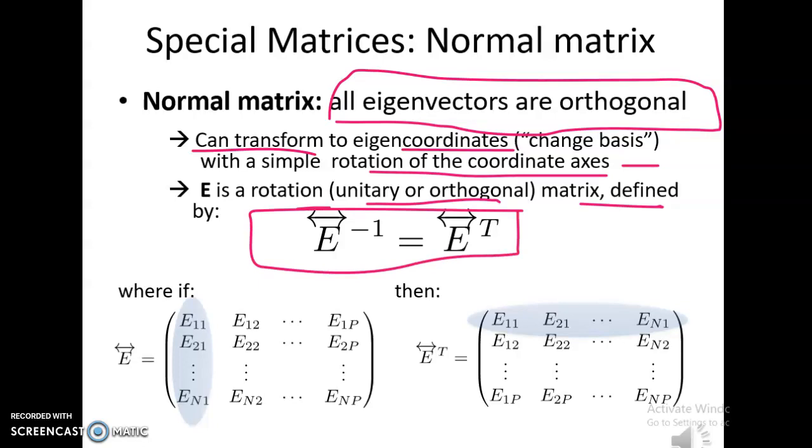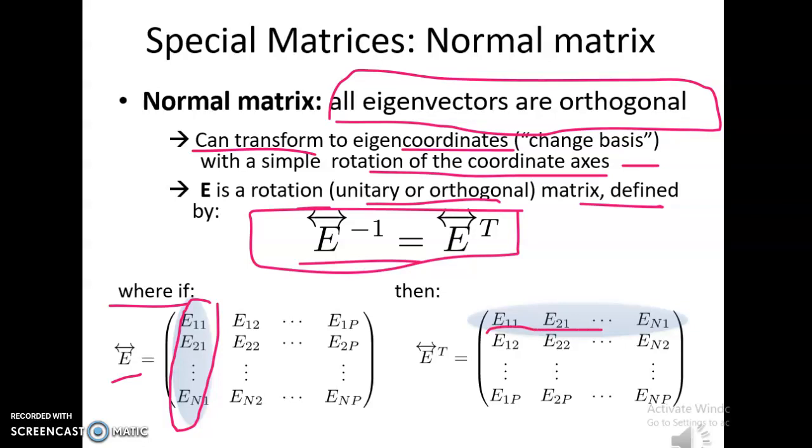Where E vector has n rows and one column, after E transpose what will come? E inverse equals E transpose.